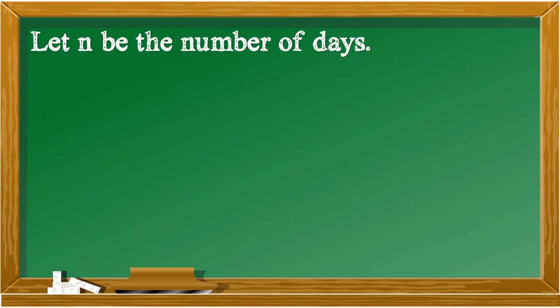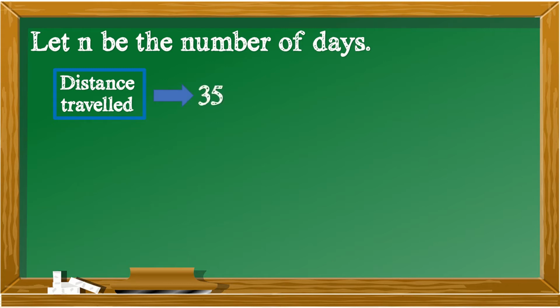Let us solve this problem by letting n be the number of days for Ali to climb 350 kilometers. We will now form a ratio and proportion using fraction form. As the given implied, we have distance traveled. The first distance traveled mentioned is 35 kilometers.